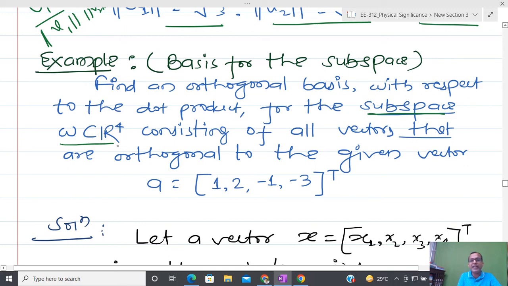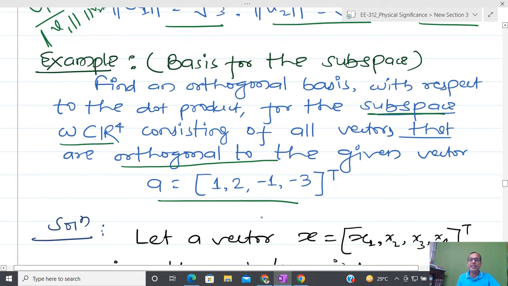So I am assuming that I have a 4-dimensional vector space, and omega is a subspace of the 4-dimensional vector space. I am going to take those vectors which are orthogonal to the given vector like this, and for that I have to construct the orthogonal basis.